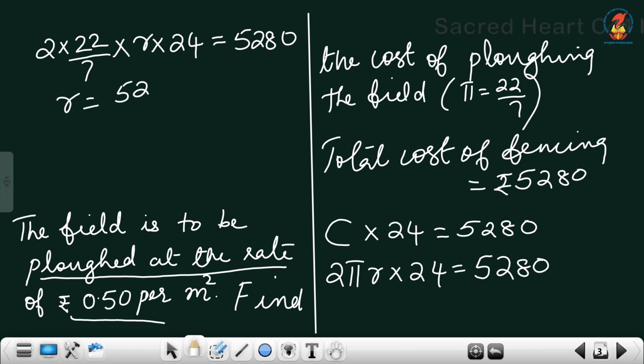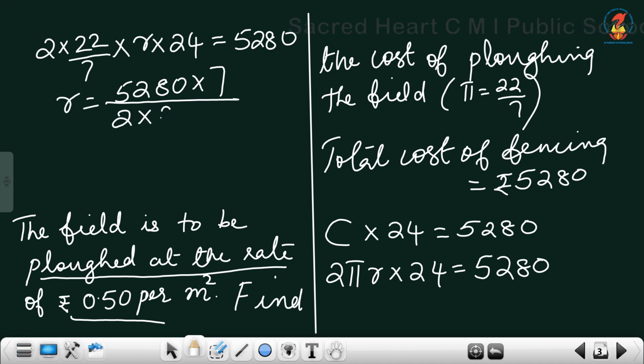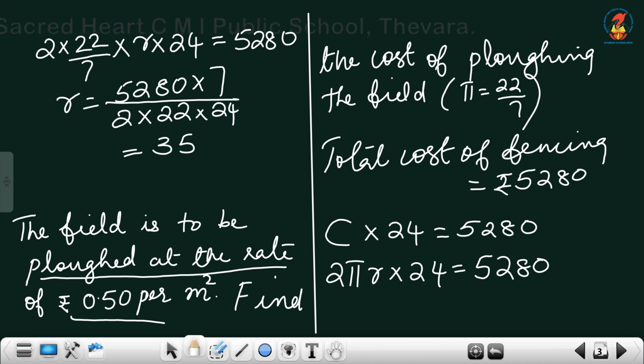R is equal to 5,280 into 7 divided by 2 into 22 into 24. When you simplify this, you will get the radius as 35 meter.